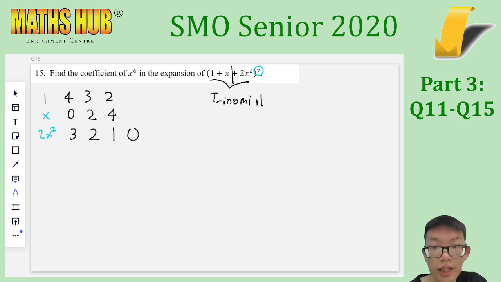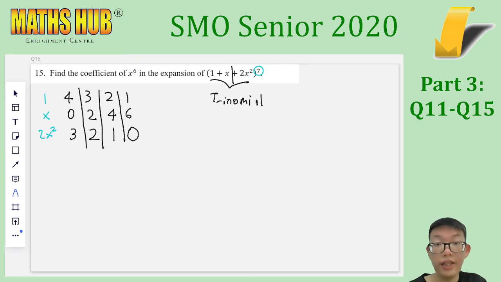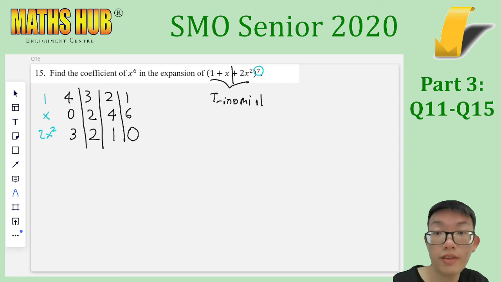Or we could use none of the 2x squared, 6 of x, and the last one is 1 itself. Now these would be 4 different combinations of terms being multiplied together to generate x to the power of 6. So let's count the total coefficient.